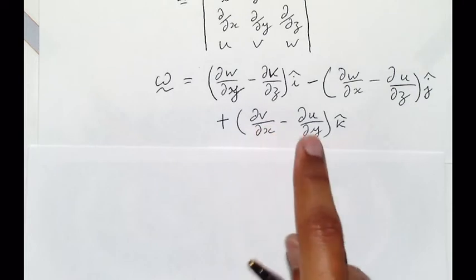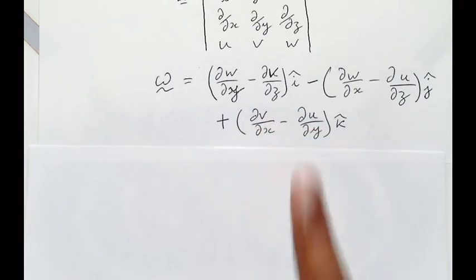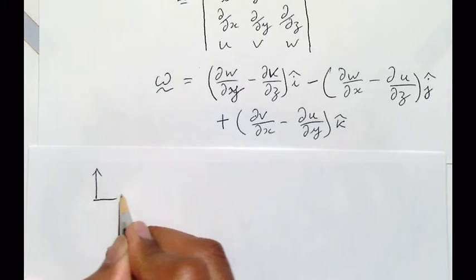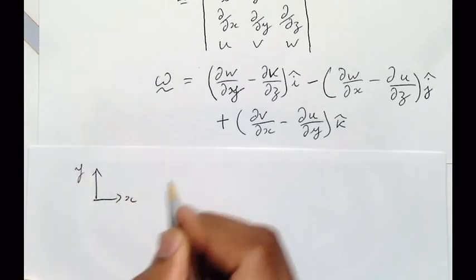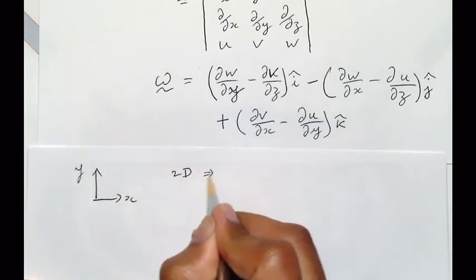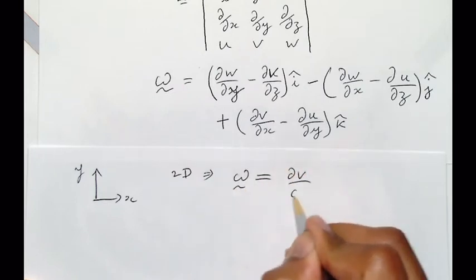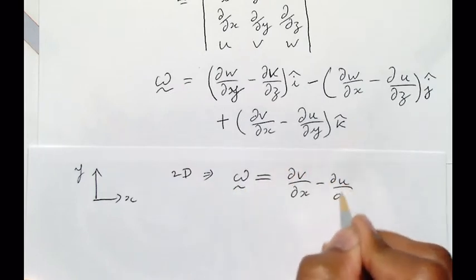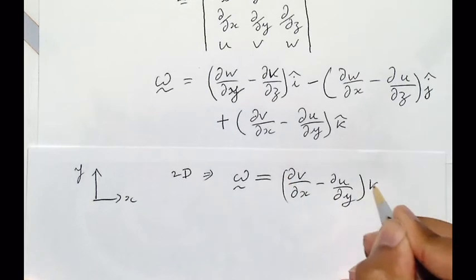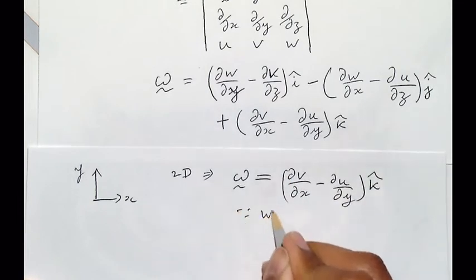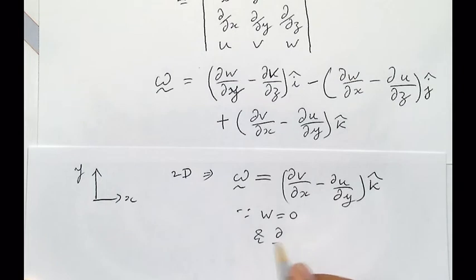The only term that remains is dv by dx minus du by dy in the kth direction. Does this make sense? It's in the kth direction when I'm looking only at xy. So we have xy and 2D, which implies omega is dv by dx minus du by dy in the kth direction, since w equals 0 and d by dz equals 0.